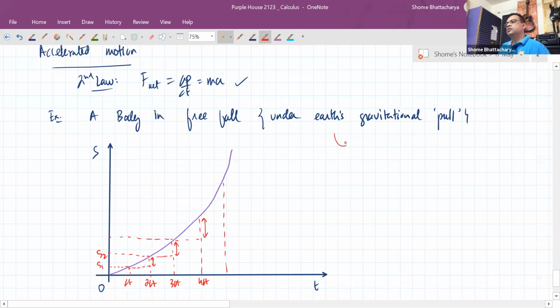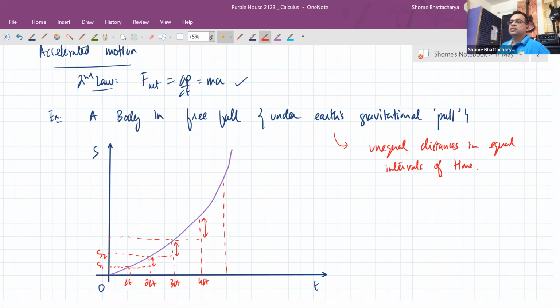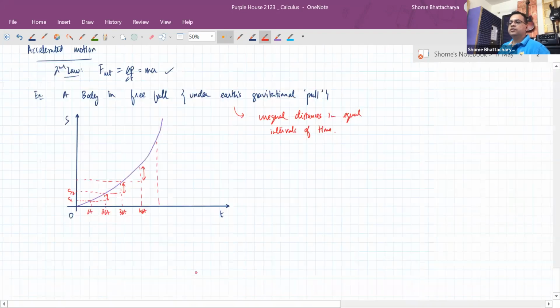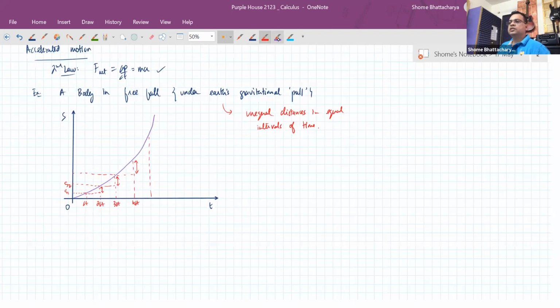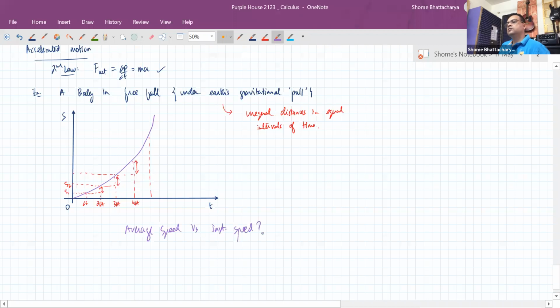So it is traveling unequal distances in equal intervals of time. In fact, progressively these distances are increasing. So for such a graph, what is the difference between average speed versus instantaneous speed? Let's understand that.